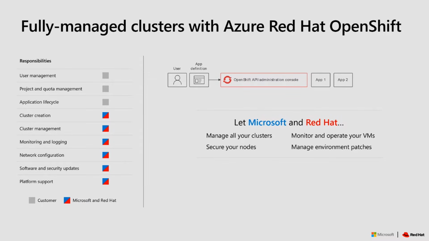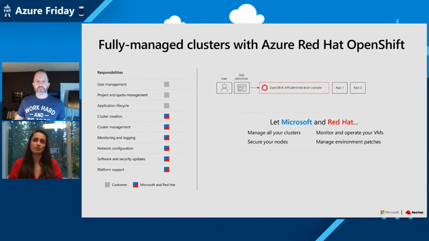It makes sure your nodes are secure, and we make sure that your patches are upgraded. And then we have a good rolling update process as well. You can see here that customers only have to worry about their application lifecycle, management of their application, and not worry about anything regarding managing Kubernetes or the infrastructure. We take care of that jointly by both Microsoft and Red Hat.